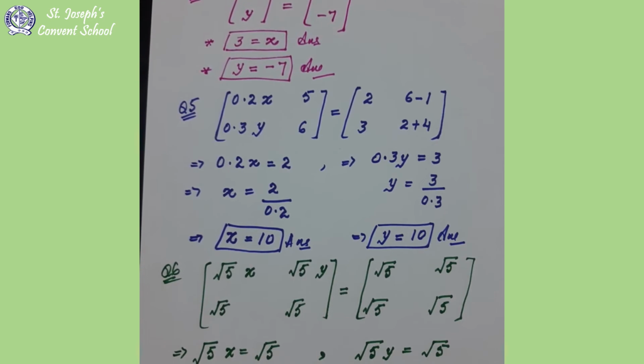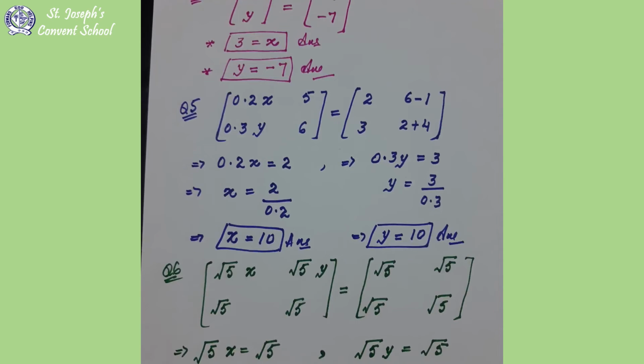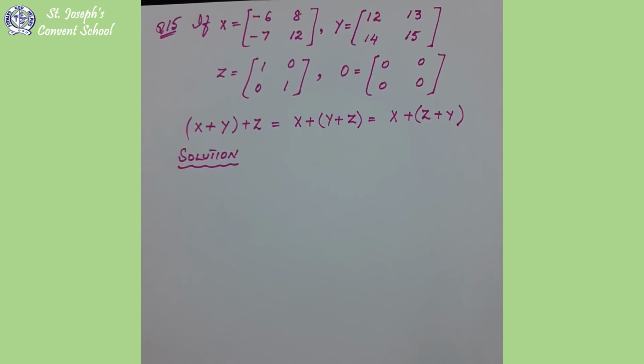Then there are inverse questions. So inverse questions also you can do. Additive inverse you have to find, so only change the sign in that. I'm going to do question number 15, an addition question. Then the 16th you can do the same way. Okay, I'll do the 15th one, then the 16th you can do yourself.